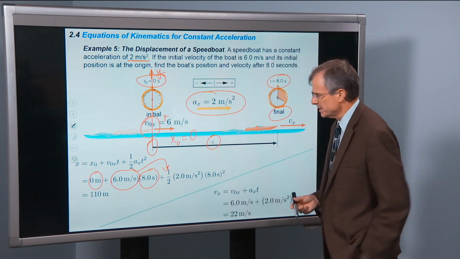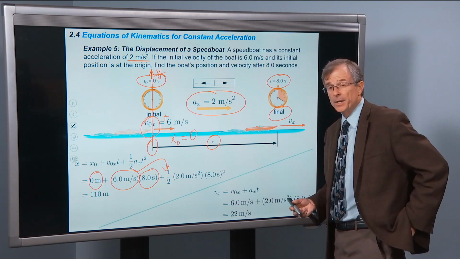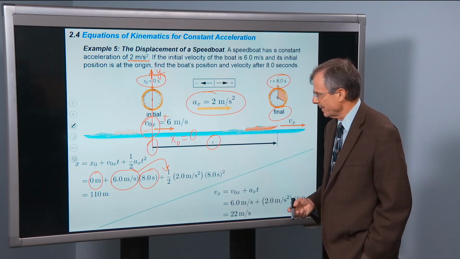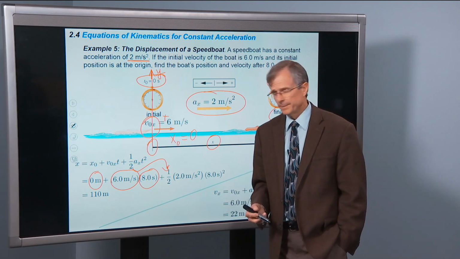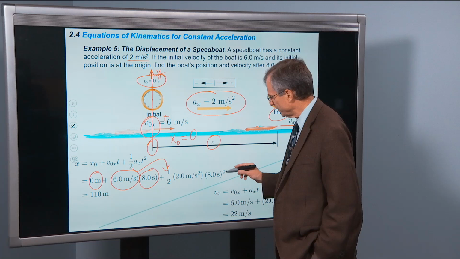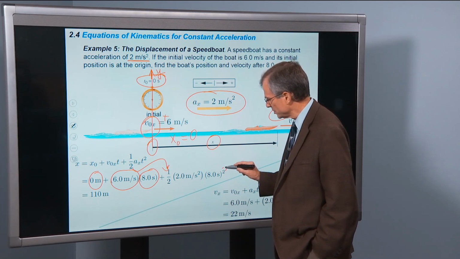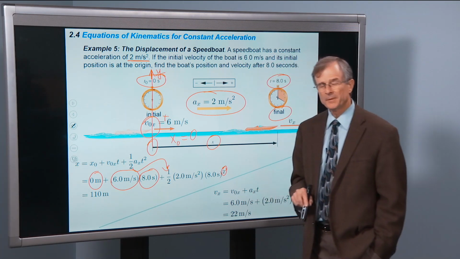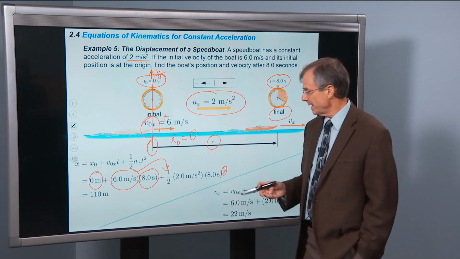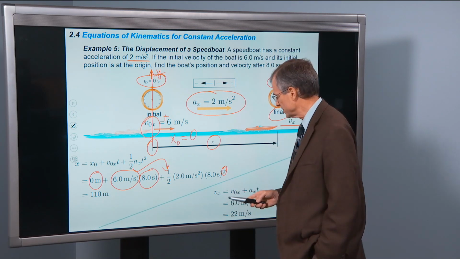And this is another example of carrying the units along in your calculation. Let's see if the units work out. Had we forgotten to square this, we would have gotten the wrong answer, and the unit analysis would have revealed that to us.